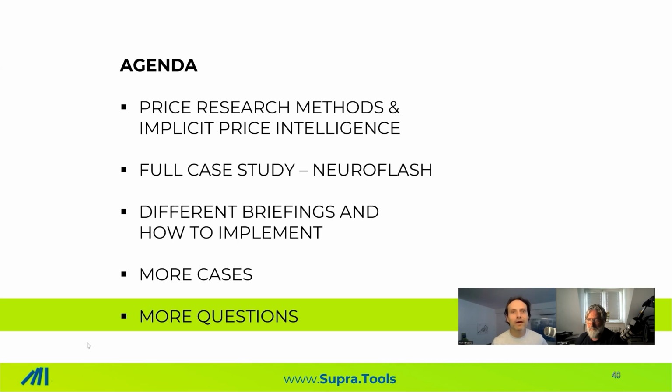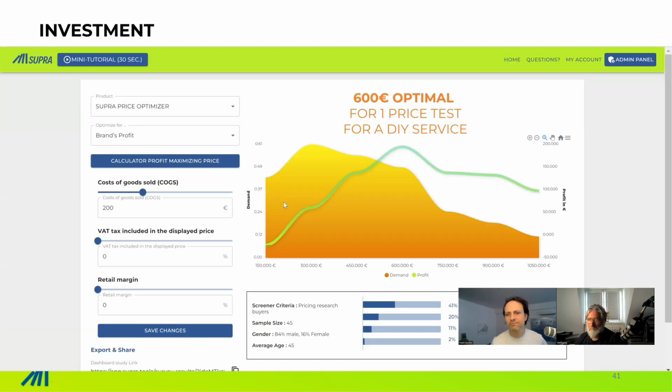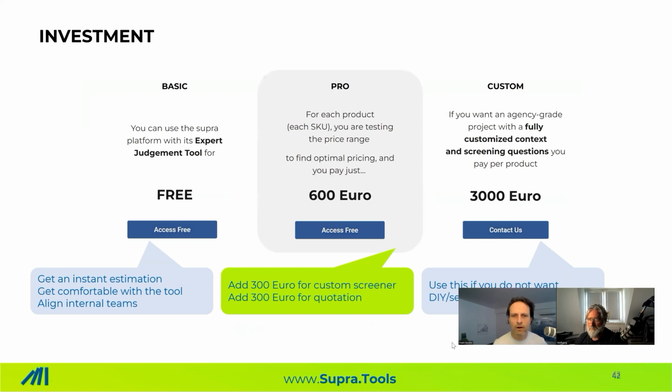And actually, we did our own research on prospects for Supra, and we found for DIY, so when you do this all by yourself, the optimal pricing is €600 per price test. That's the price which you can also find on our website, right?